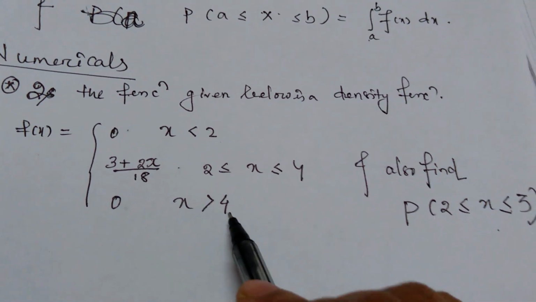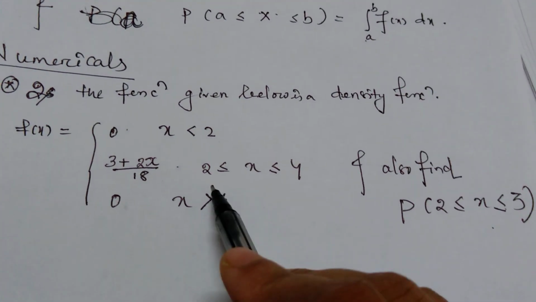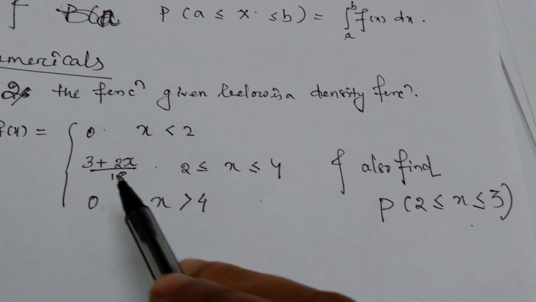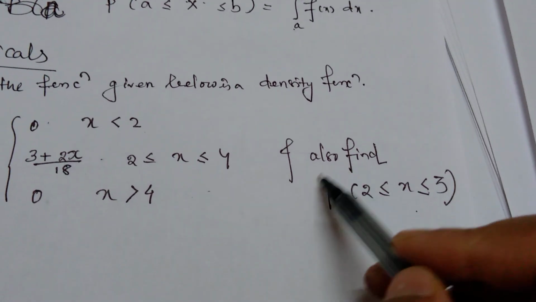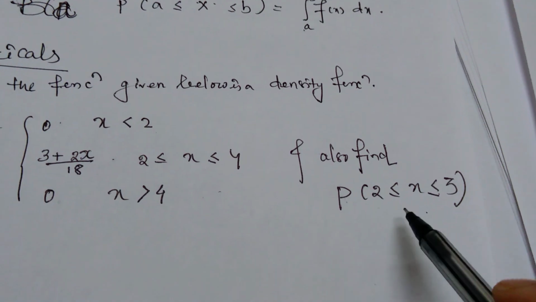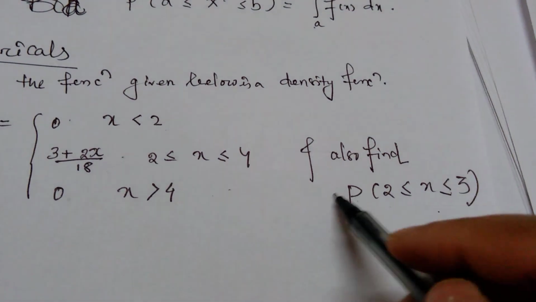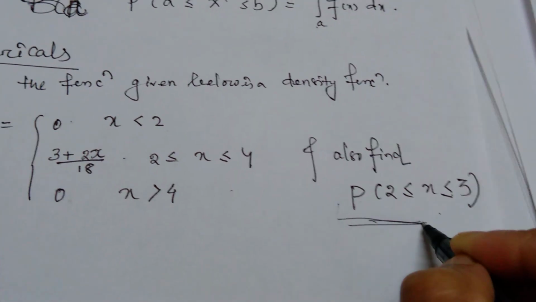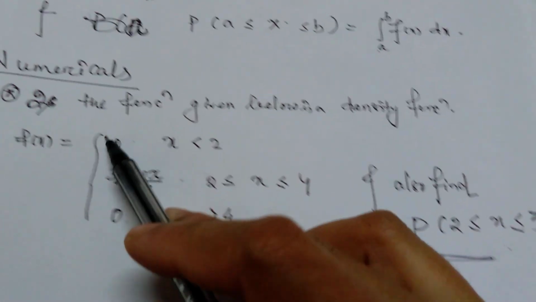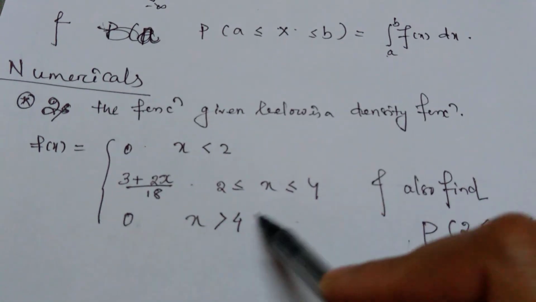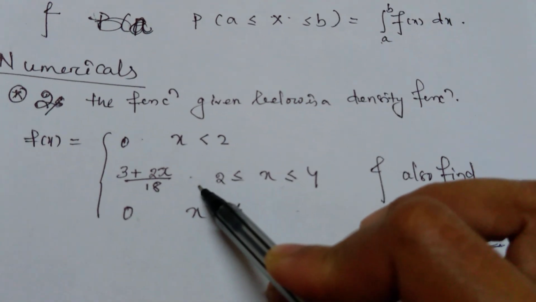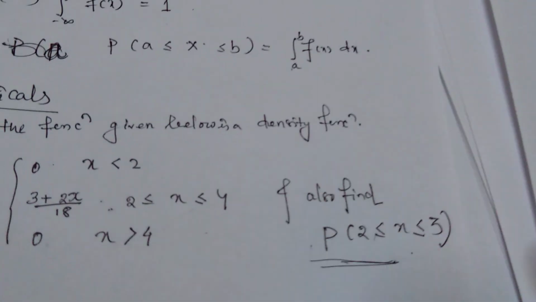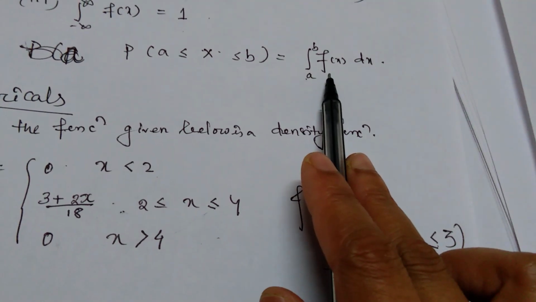For x greater than 4 the value is 0, and within 2 to 4 the value is (3 plus 2x) upon 18. And also find the probability of 2 less than or equal to x less than or equal to 3. This also you have to evaluate. You have to check whether this is a probability density function or not. If it is a density function, then evaluate this one using the above formula of definite integral.